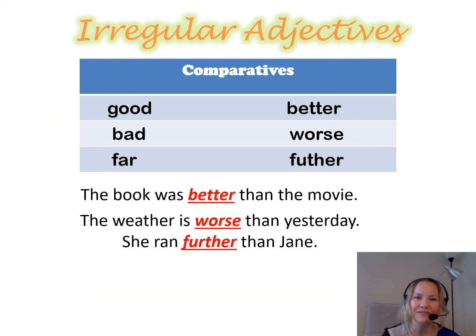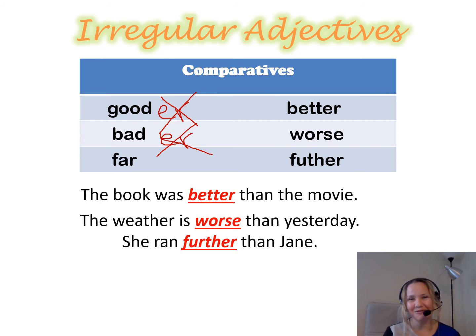Great, so we have some rules to use these adjectives, and there are some irregular adjectives that you have to learn and memorize. There are 3 common ones: good, bad, far. Good doesn't become gooder. That's wrong when you're comparing. Bad doesn't become badder.